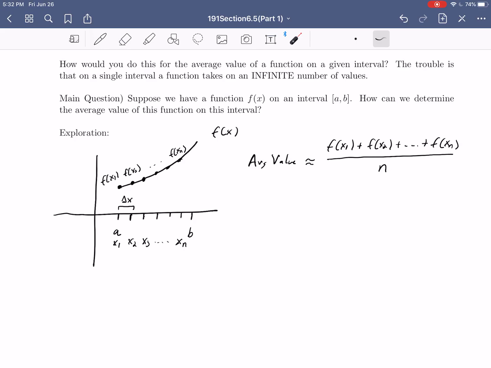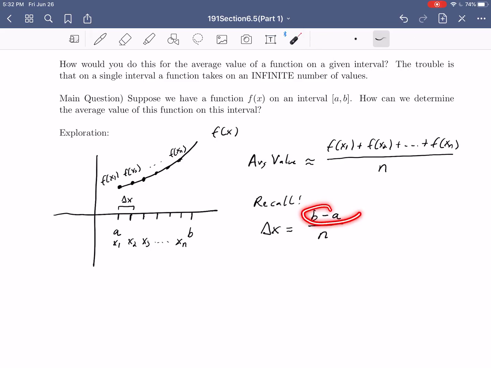All right, let's see if we can rephrase this a little bit more. Let's see if we can think about n in terms of some of the other stuff that we have listed here, namely a, b, and delta x. If you think about it, right, delta x is the size of the interval, and n, of course, is how many of these intervals we have. So we have this nice relation, right? Especially if you remember your stuff with Riemann sums, you can recall that delta x is actually equal to b minus a over n, right?